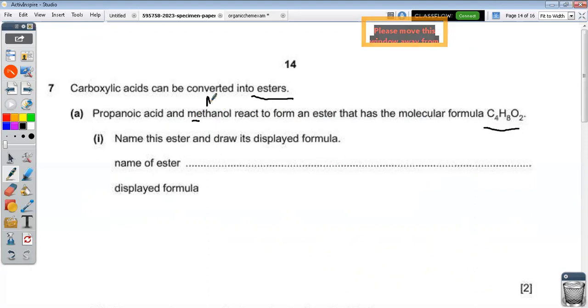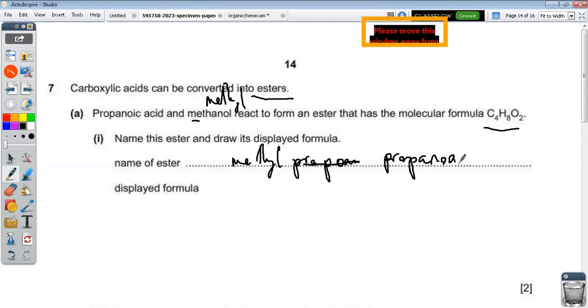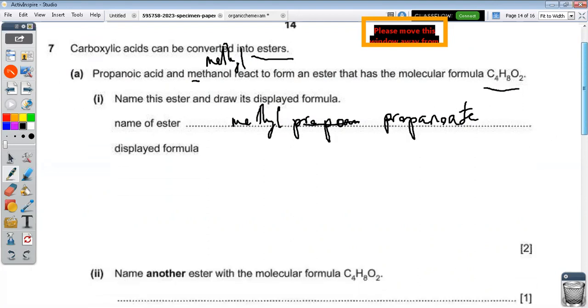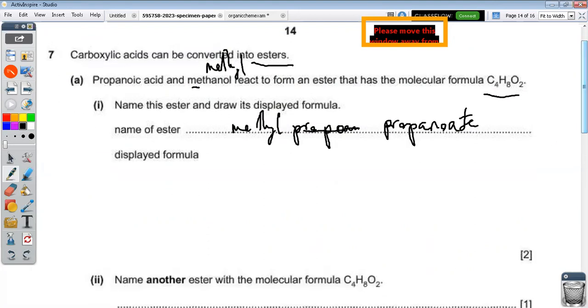From the alcohol, we get methyl. Clear? So it's methyl propanoate. What's the correct spelling? Propanoate. Methyl propanoate. So let me show you the chemistry of what happens before we just jump to the formula.